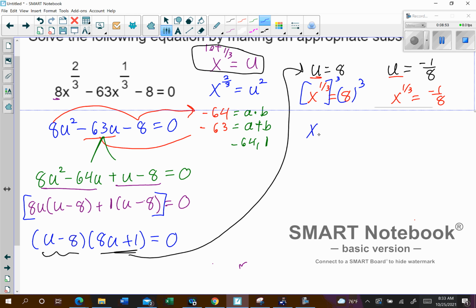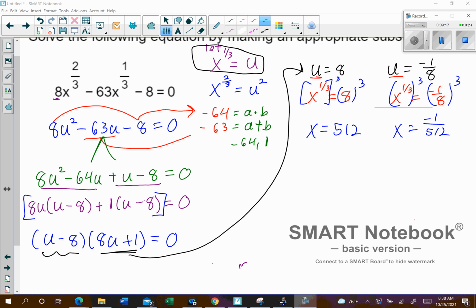So this will become x equals, that's a big number, 512. And then on the other one, we'll cube both sides here, and we're going to get x equals -1/512.